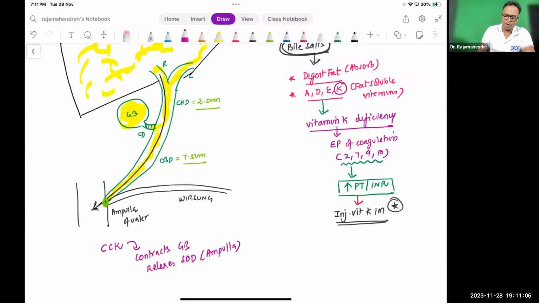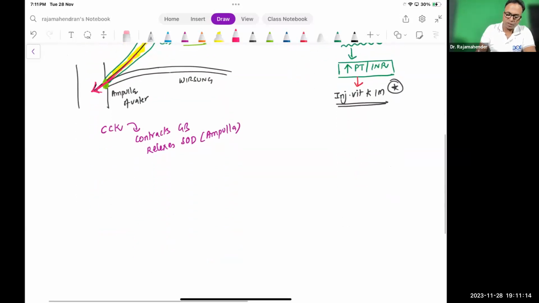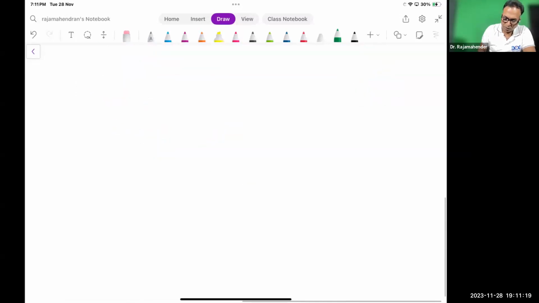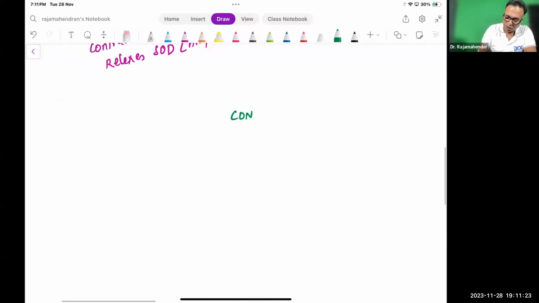Now, at this point of time, you should not forget there are bile salts and bile pigments that are not able to enter into the bowel. The most important bilirubin to be noted here is conjugated bilirubin. Please don't forget, conjugated bilirubin should enter into the bowel, and this is very important for maintaining the color of the stools.